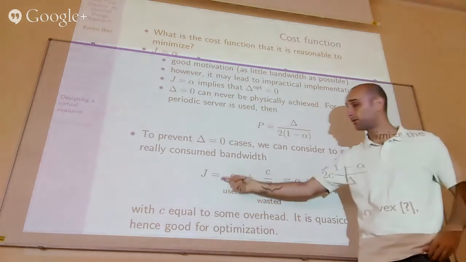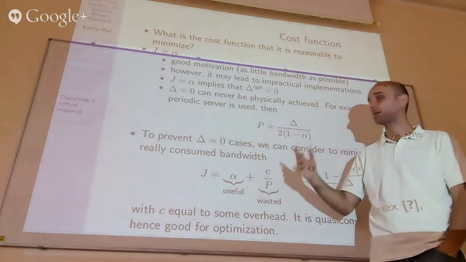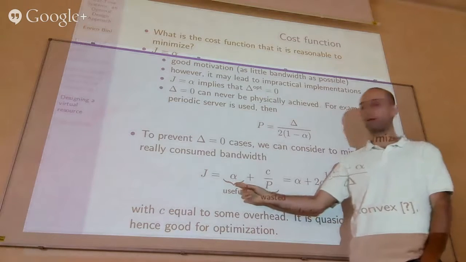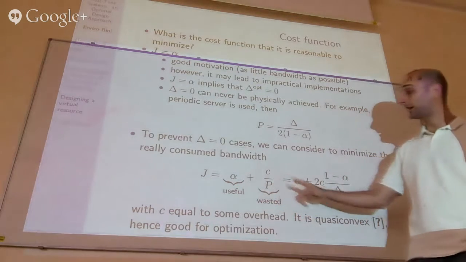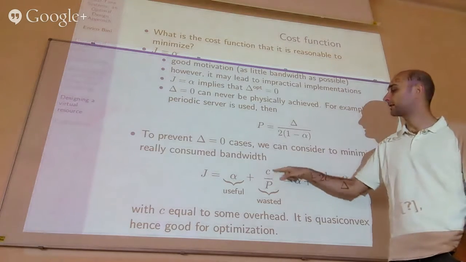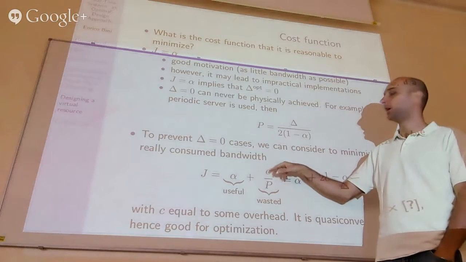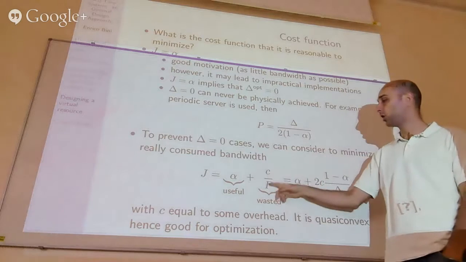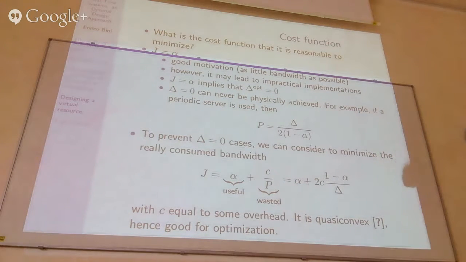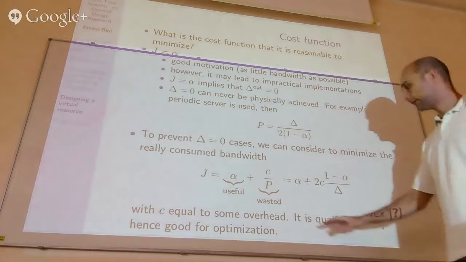That's why a reasonable way to express this is that we want to minimize the bandwidth, but also the wasted bandwidth, which you can represent as some constant due to context switch overhead over the period. Because every period, the server incurs some operation that you want to reduce also. Okay?